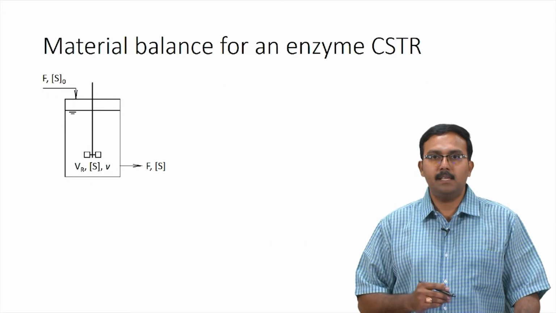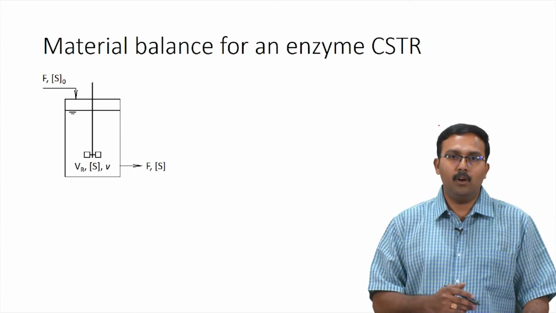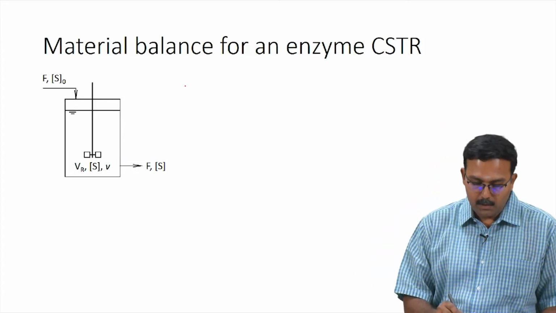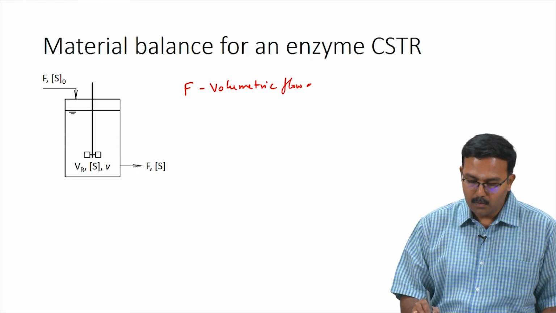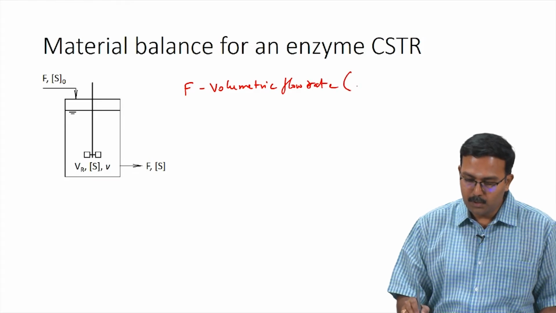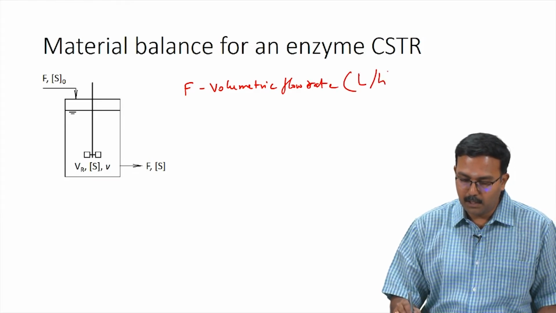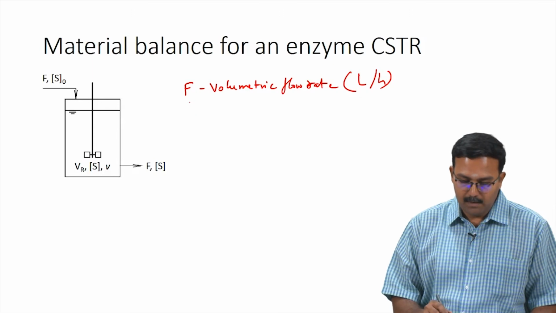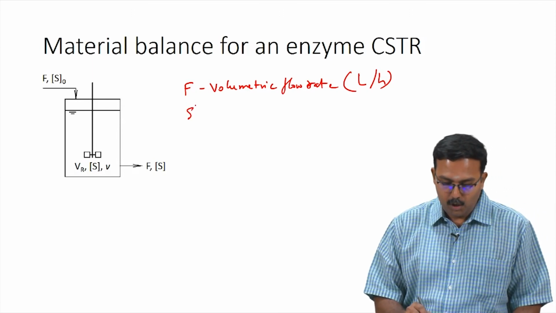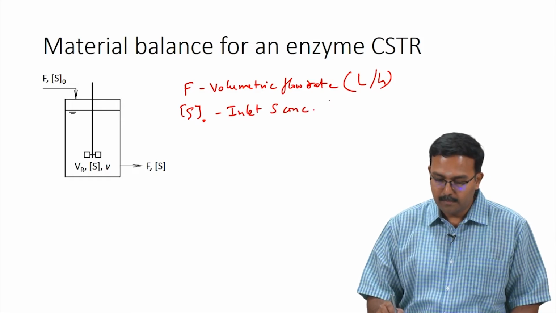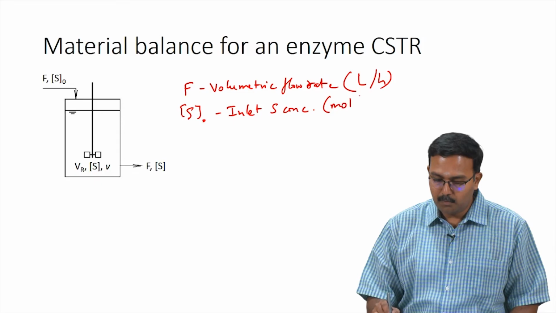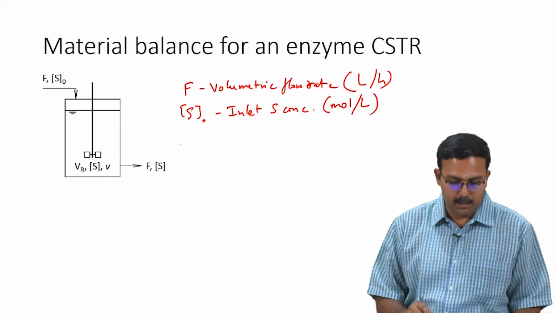So, this represents a CSTR with all the parameters listed. Here you have F, which is the volumetric flow rate, in terms of liters per hour, and you have S naught, which is the inlet substrate concentration. This can be in moles per liter or grams per liter.